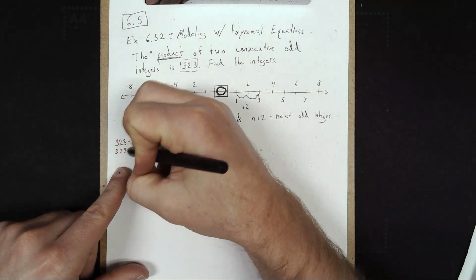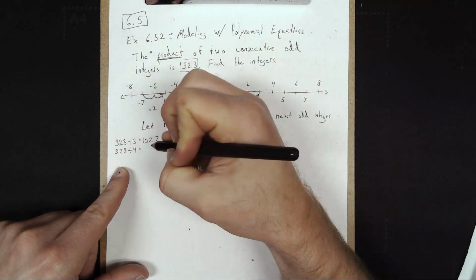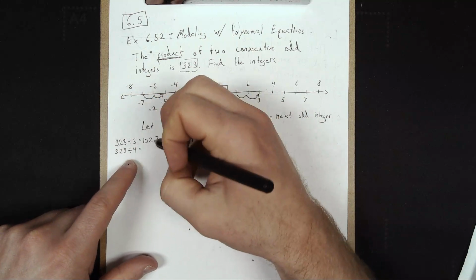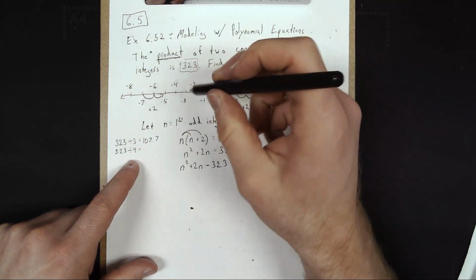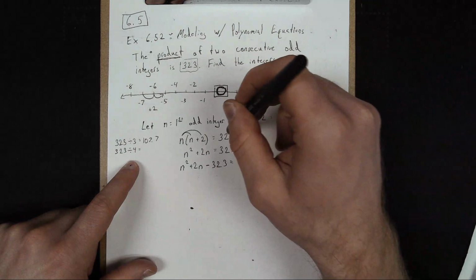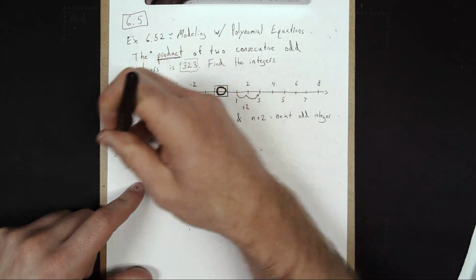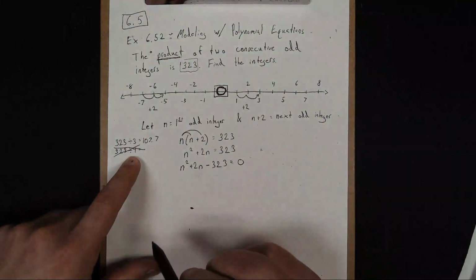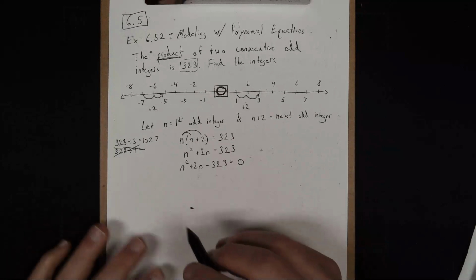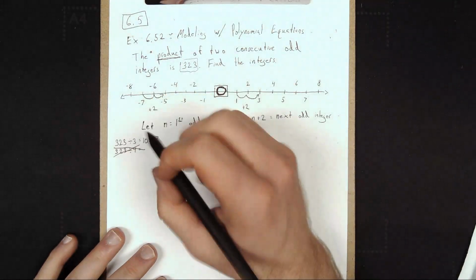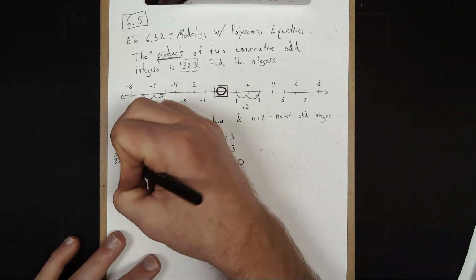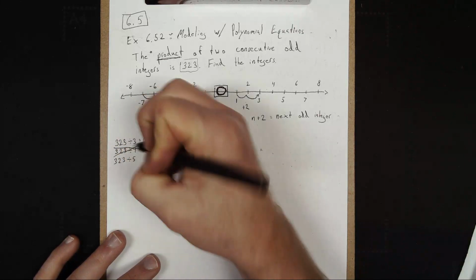What about 323 divided by 4? Well, we don't actually have to do this because this is an odd number, and 4 isn't prime, so we're only dividing by primes. How about 323 divided by 5?